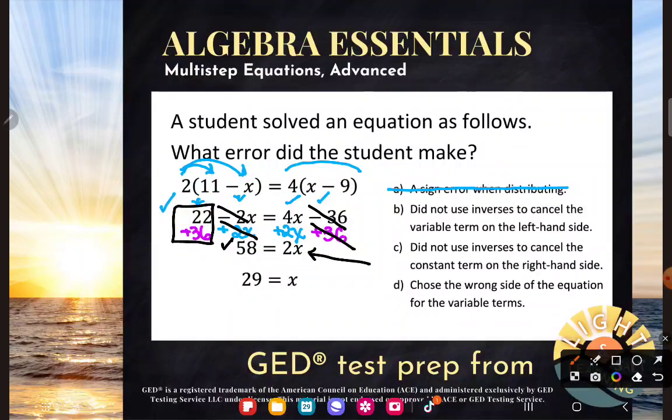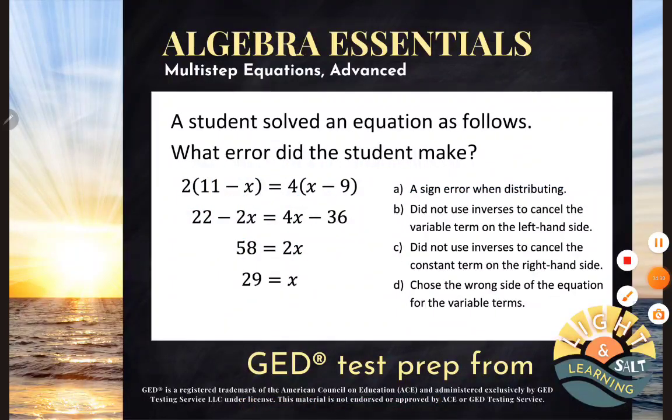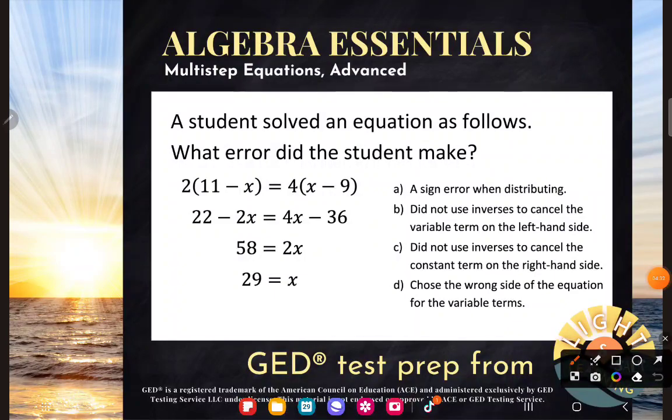Let me just clear this out, you guys. All right, so, did not use inverses to cancel the variable term on the left-hand side. There's the left-hand side, there's the variable term. They should have used inverses like we did. We said that term is subtracting, so we should add. It looks like they did the really common error of using the signs that they saw, even though these x terms are on either side of an equal sign.